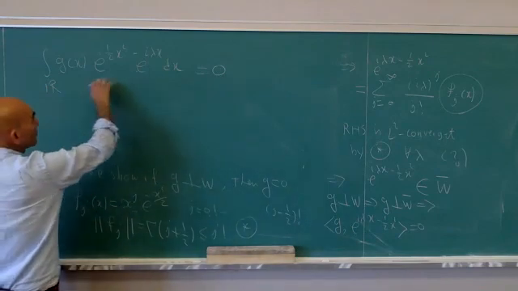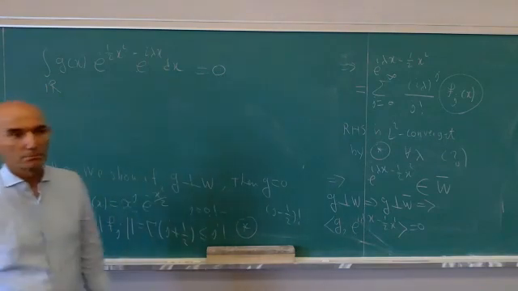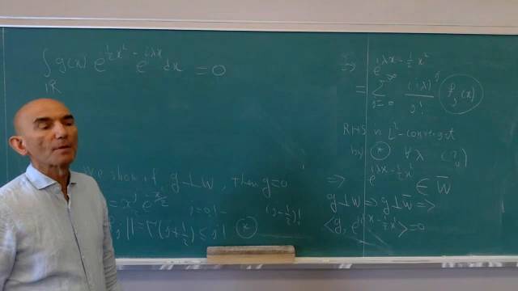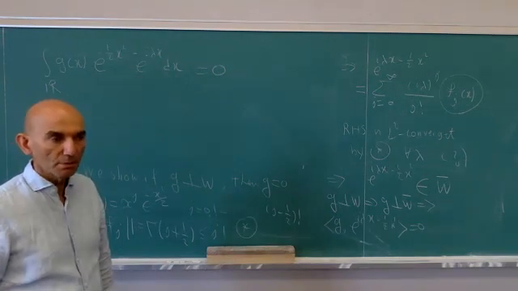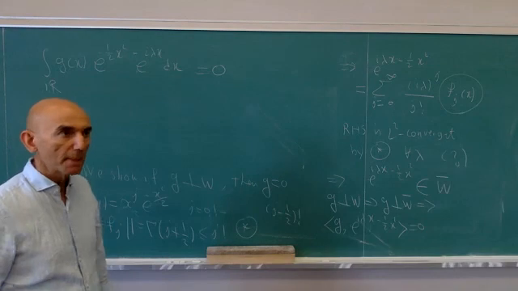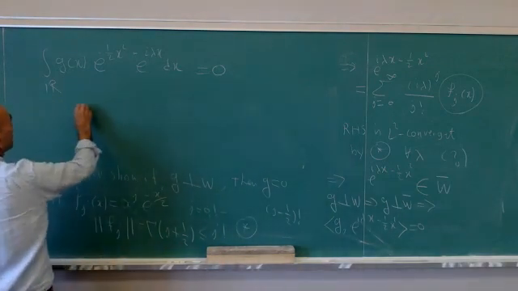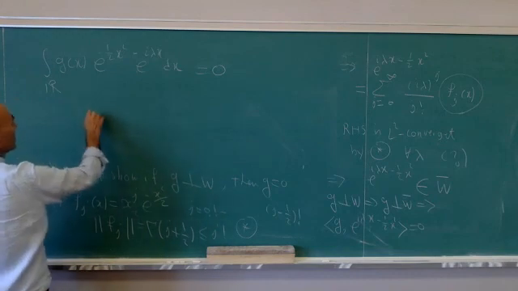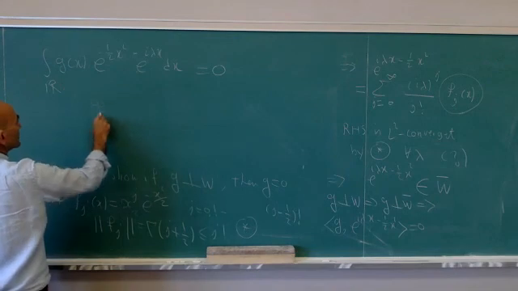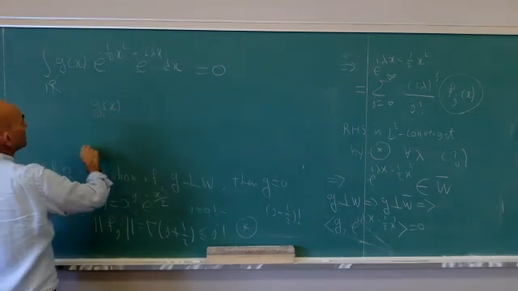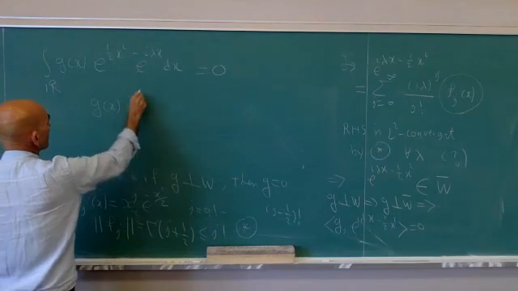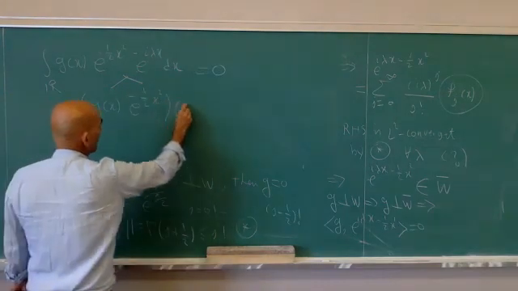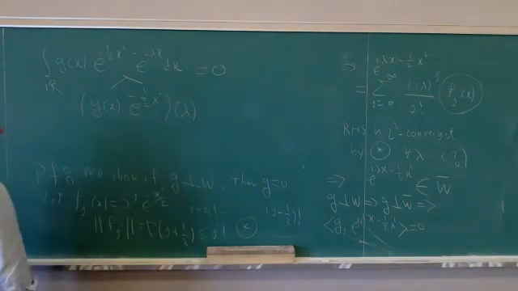Do you remember what kind of object this is, from your Fourier integral material? This is nothing but the Fourier integral of g of x e to the minus 1/2 x squared, evaluated at lambda.